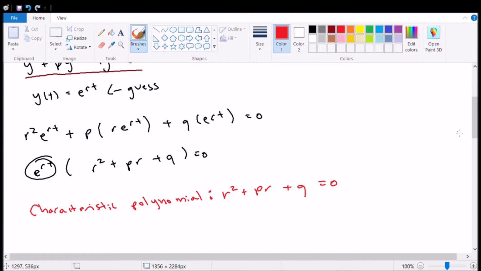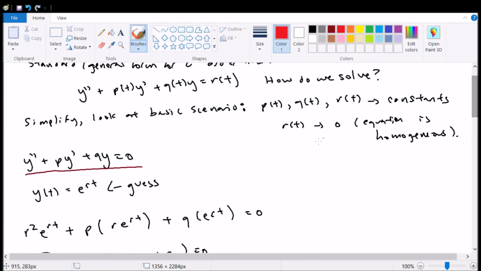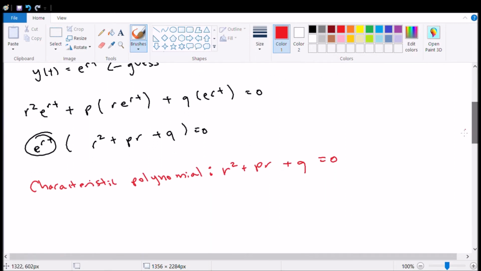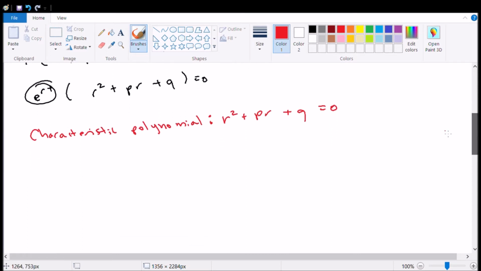And this, of course, was obtained by guessing that e to the rt was the solution, substituting that in for y within the differential equation, and factoring out the e to the rt, which leaves you with this characteristic polynomial. And so we're going to look at the implications of this characteristic polynomial in future videos.